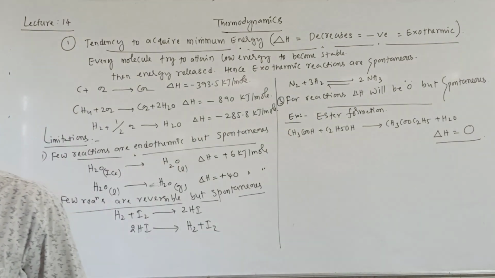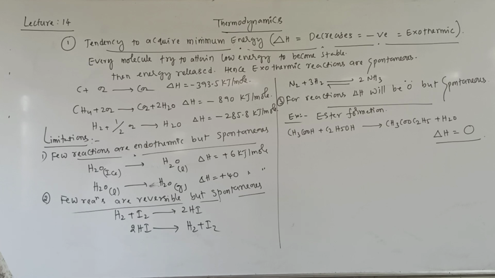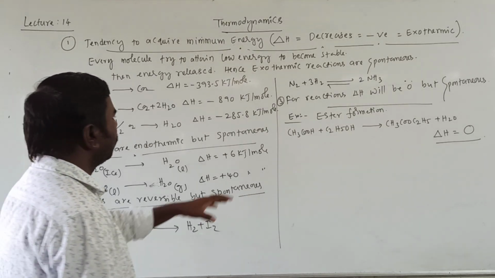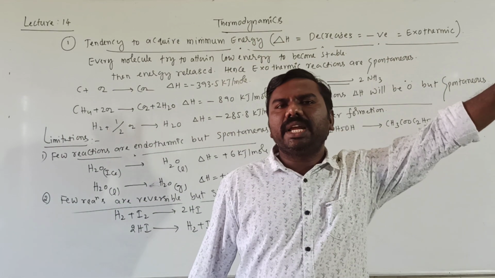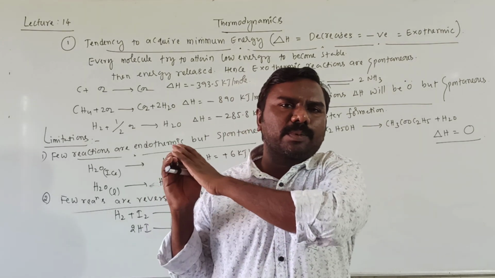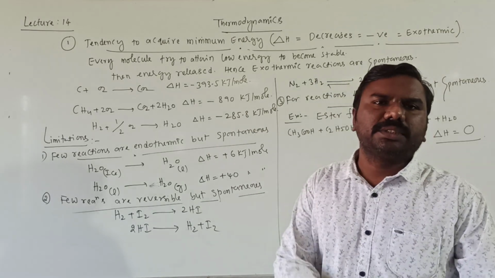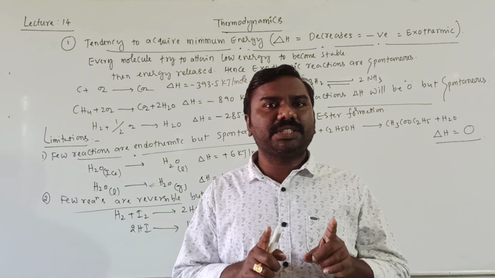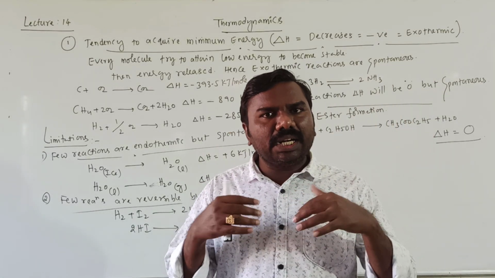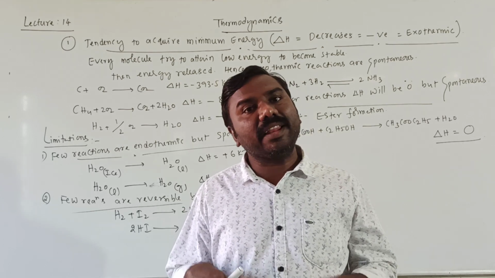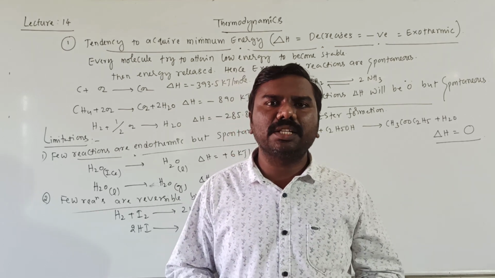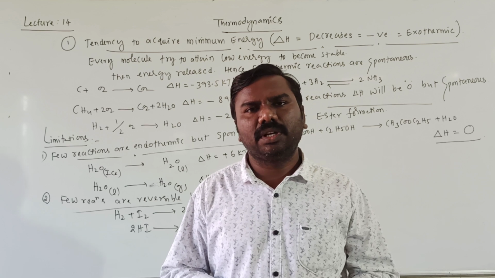So, based on all these limitations, actually delta H must be negative, then only the spontaneous process takes place. But because of these limitations, delta H not only decides the spontaneity, another factor is required to decide a spontaneous reaction. Clear?